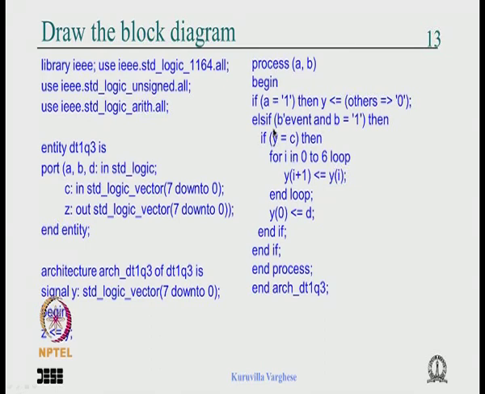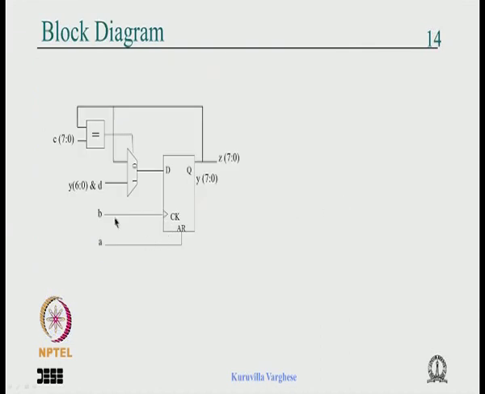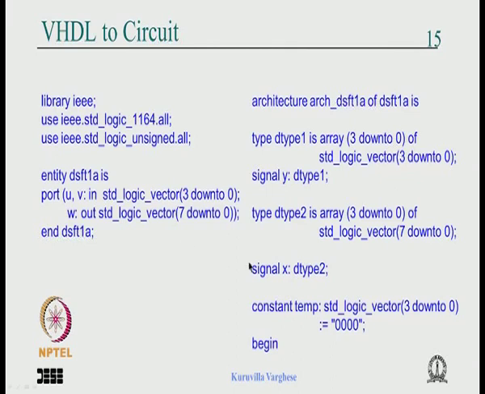Then there is a comparison: Y is compared with C. If it is 1 then the next output is a shifted version of the present output, with D going in; otherwise it will hold the value, it is recirculated. That is the hardware you get, and this is where we stopped.